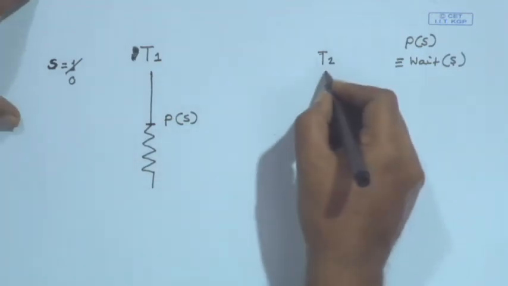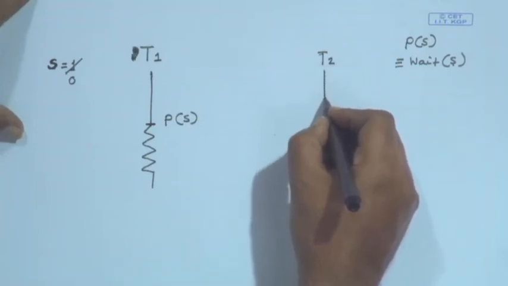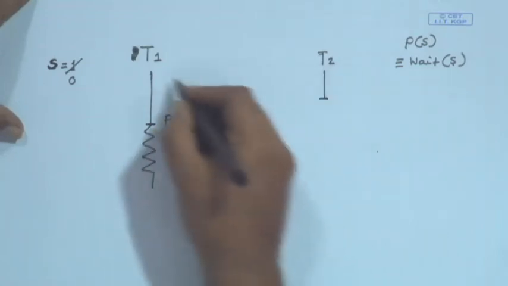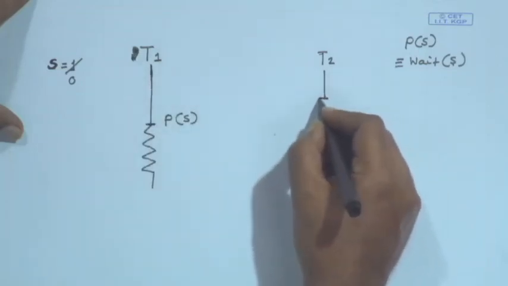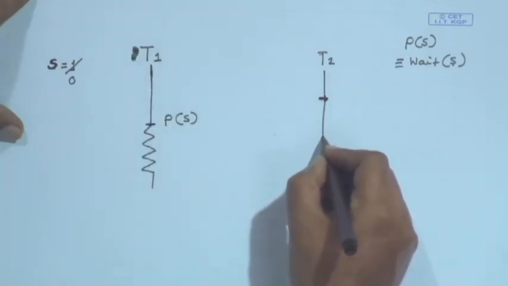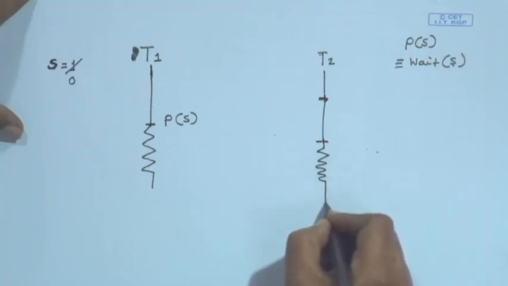And suppose now T2 also starts, a little late, and somewhere here T2 wants to enter the same critical section, the same driver.